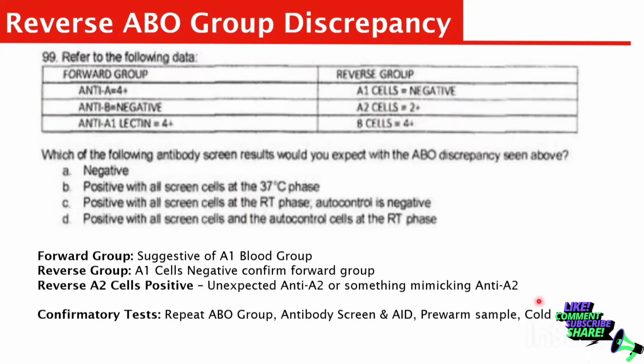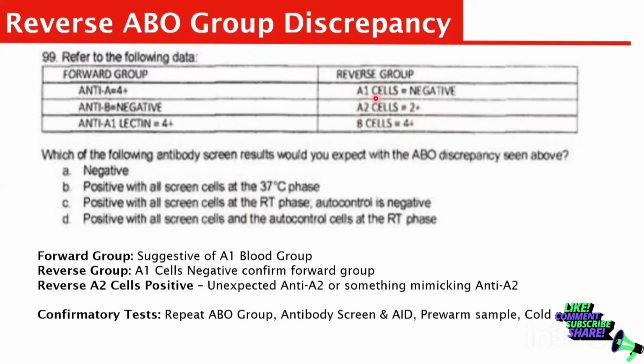Then we can consider something like cold panels. We can look at cold antibodies like Lewis A, Lewis B, P1, even anti-I, and many of them, and see if that is what is interfering here. What I'm trying to say is that this result we're seeing here is very unlikely.